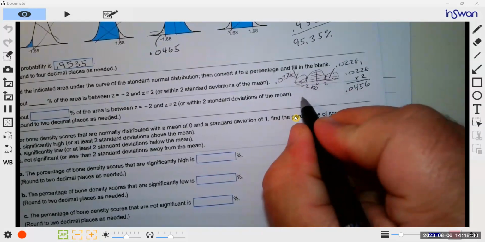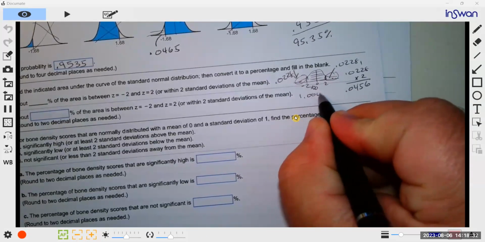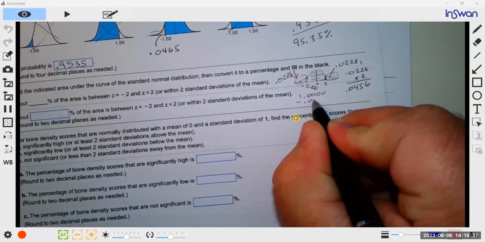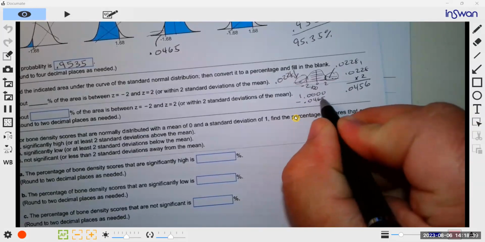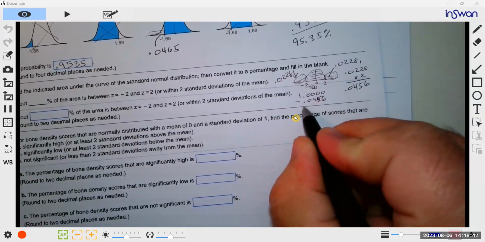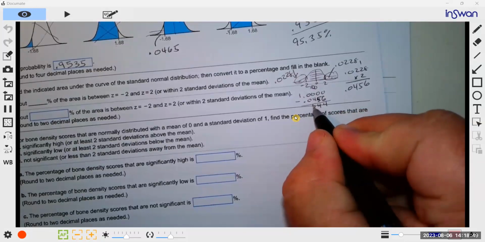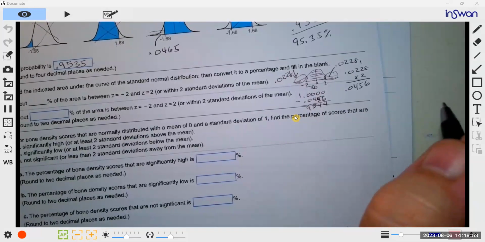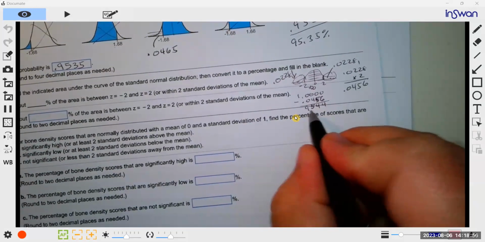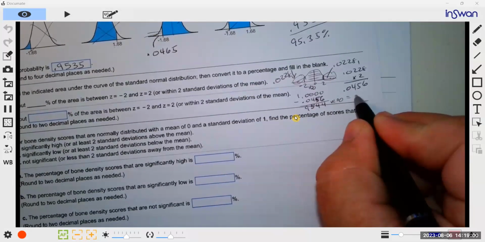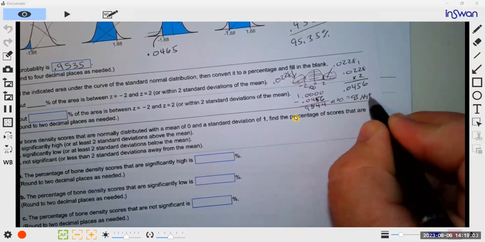The whole picture is 1.000 minus 0.0456, which is 0.9544. Times 100 is 95.44%.